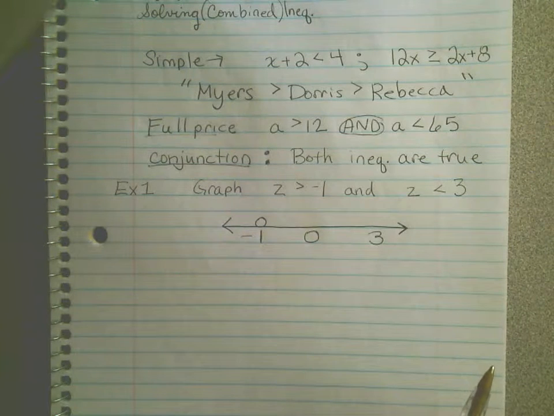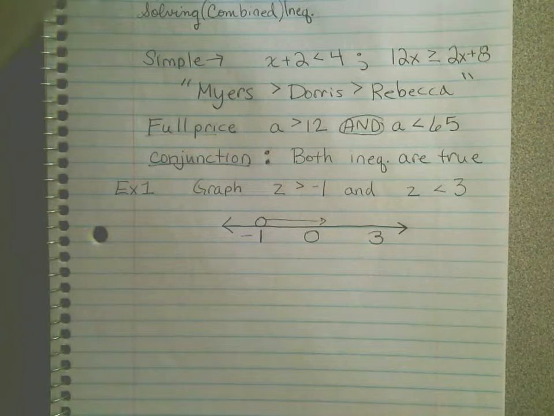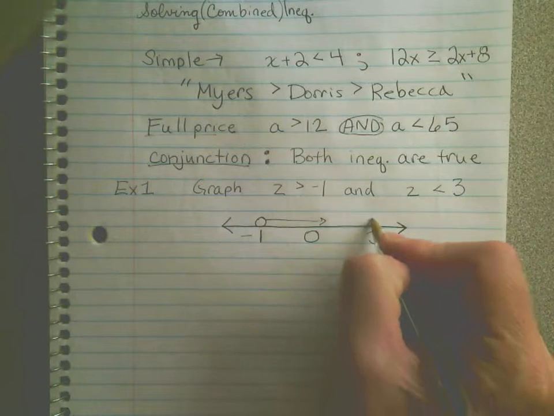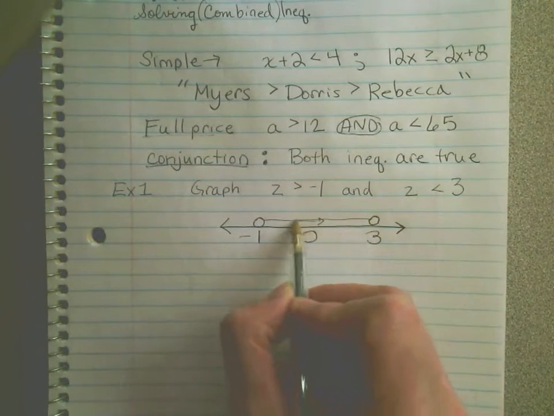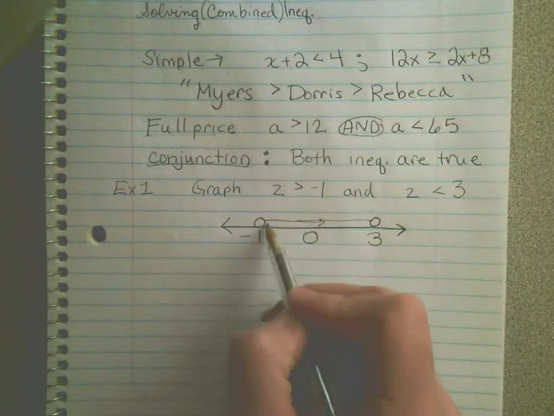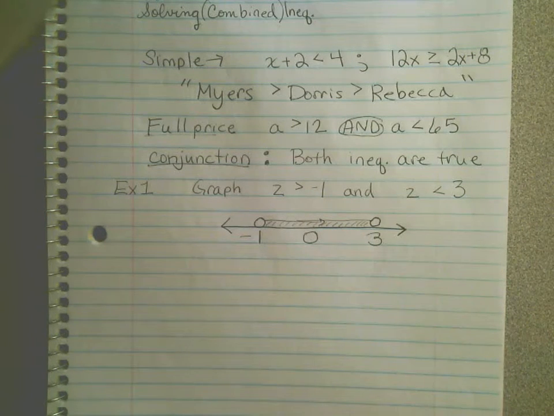Would you agree? And it heads in this direction. But wait, there's more. If something is less than 3, that means it does not include the 3 and heads in that direction. Which means to satisfy both scenarios, only those numbers located in between the negative 1 and the 3 would be true.